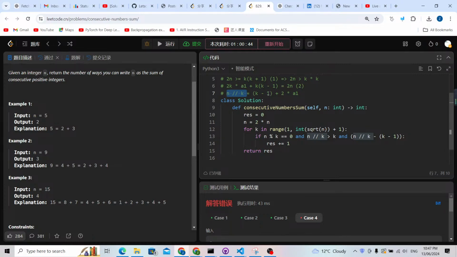I must have done something wrong. This is n divided by k, and this is k minus 1, and this is 2a1. So n divided by k minus k minus 1 should be equal to 2a1.